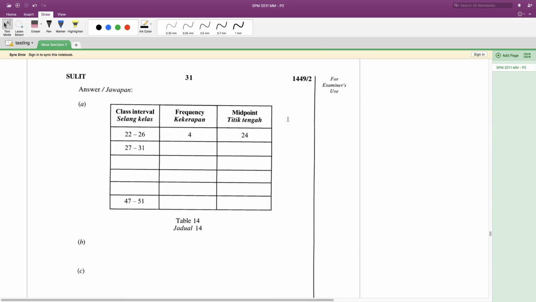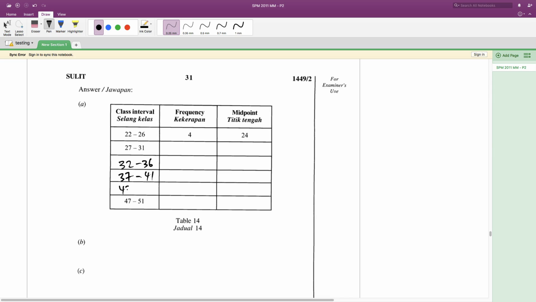Before I refer to the table, I will solve this part first. In order to solve this part, 22 to 26 is just like adding 4 numbers, isn't it? Then this one is from 26 to 27. Then add another 4 numbers. Then plus 1, so this is 32. Add 4 numbers, 36. Then plus 1, 37. 37 add 4 numbers will become 41.